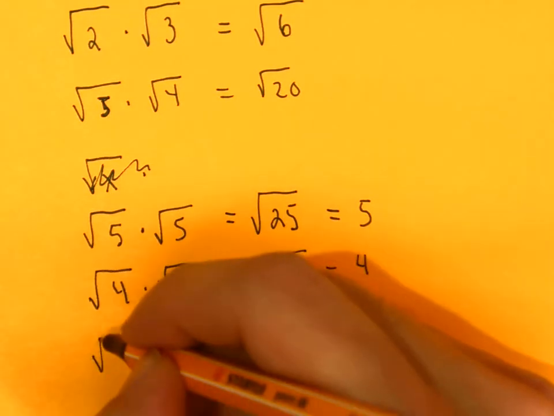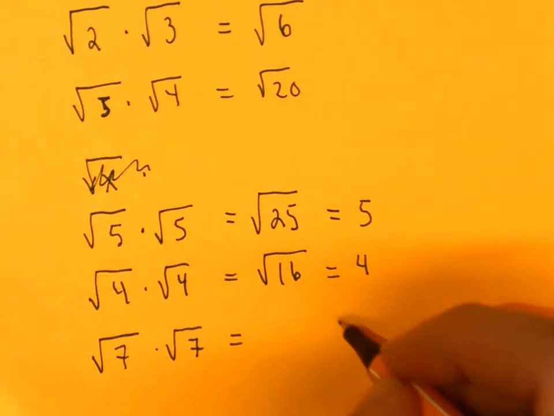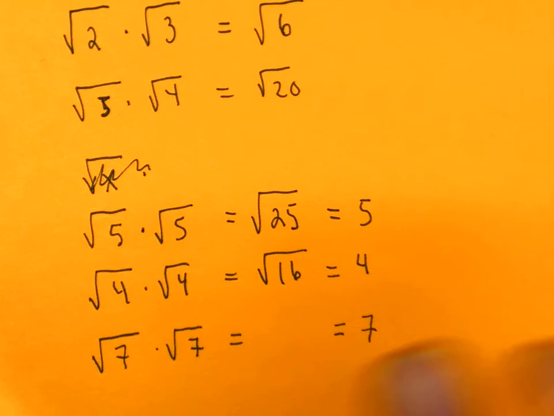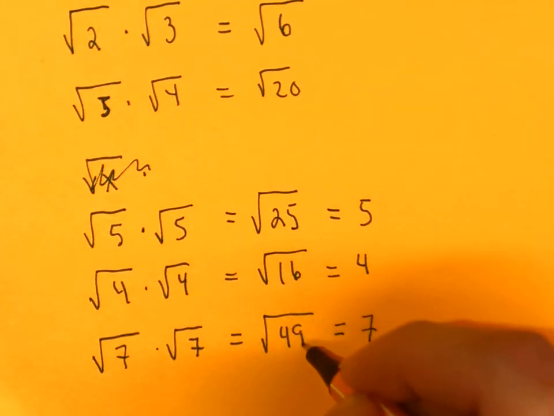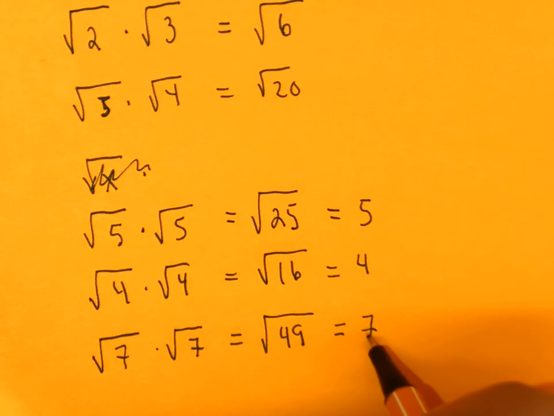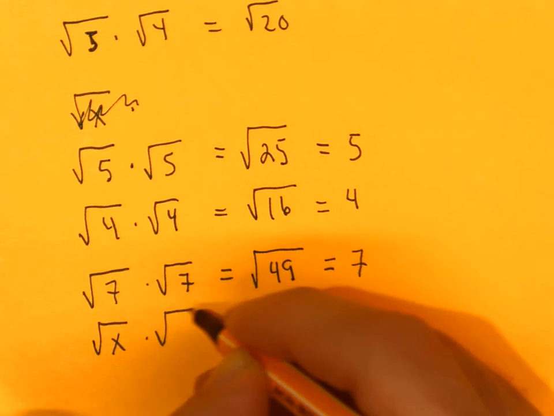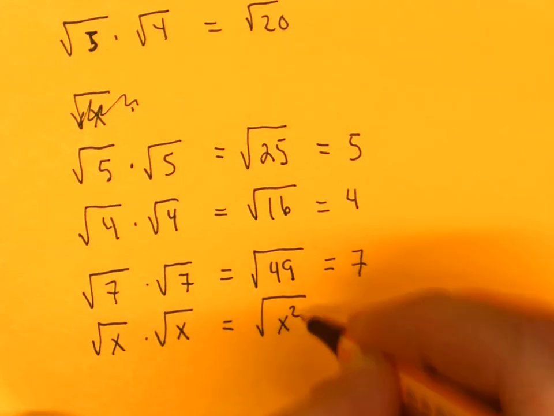Pick any number you want. Square root of 7 times square root of 7. What do you think it should just be at the very end? It should just be 7, because square root 7 times square root 7 is just square root 49, but the square root of 49 is 7. So here, if I have square root x times square root x, that is equal to square root of x squared.